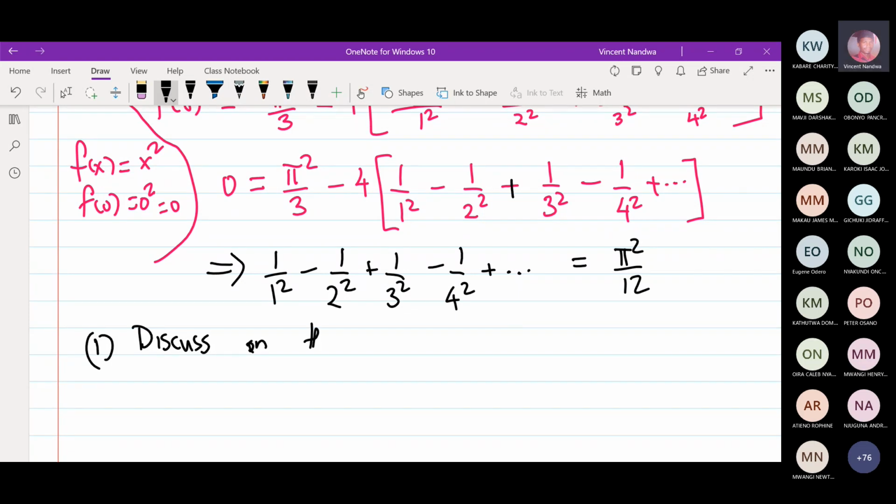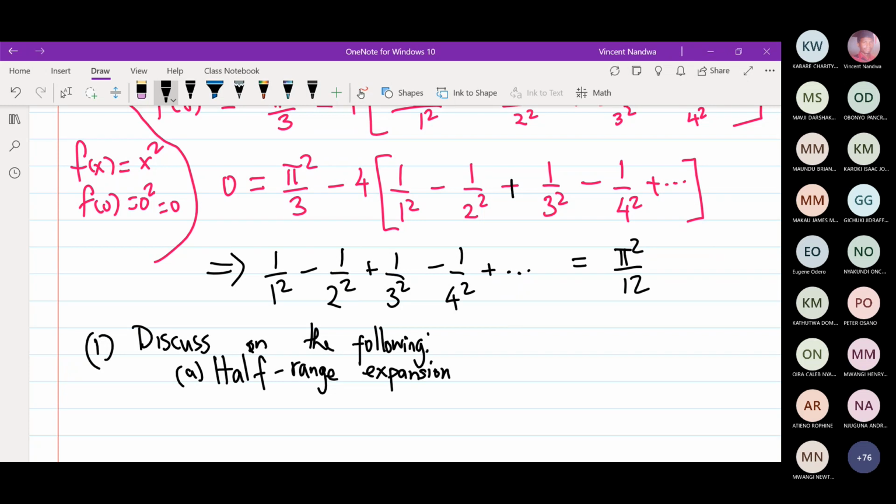The first one is what we call half-range expansion, and B, change of interval.